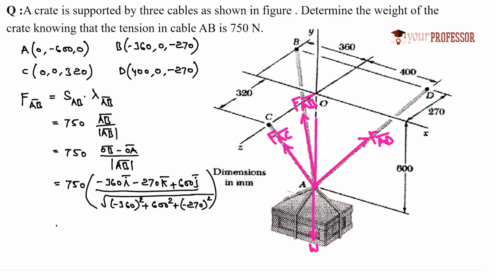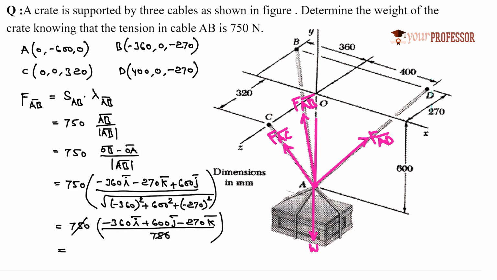So let's simplify this one. So it is equal to 750 multiplied by minus 360 I bar, let's write 600 J bar here, 600 J bar, minus 270 K bar divided by, if you simplify this one, you will get the value as 750. So this 750 and this 750 gets cancelled.